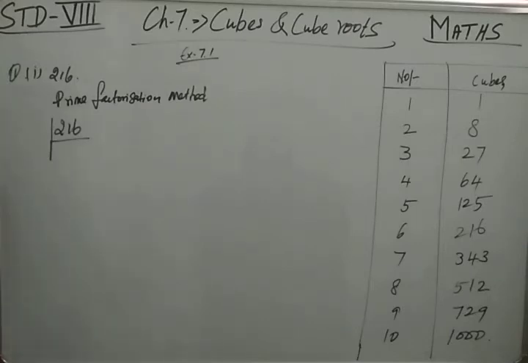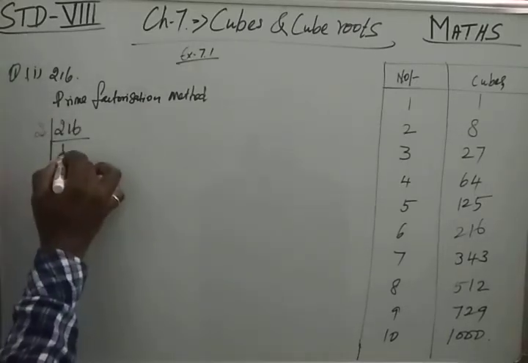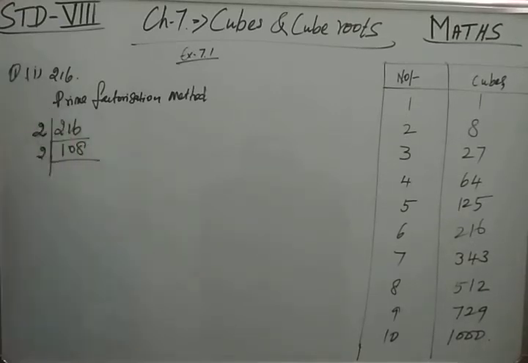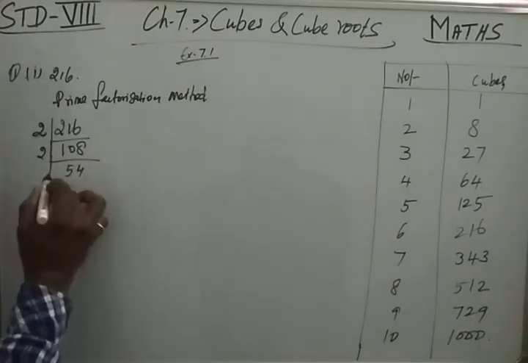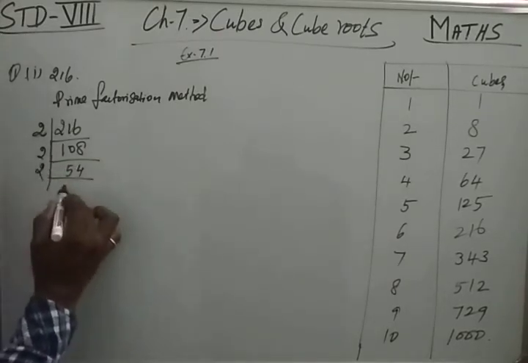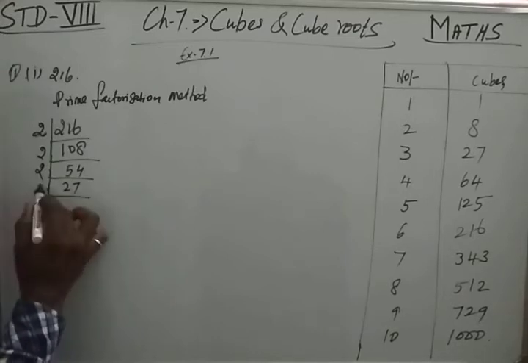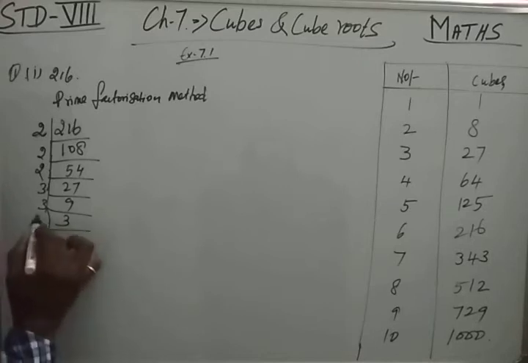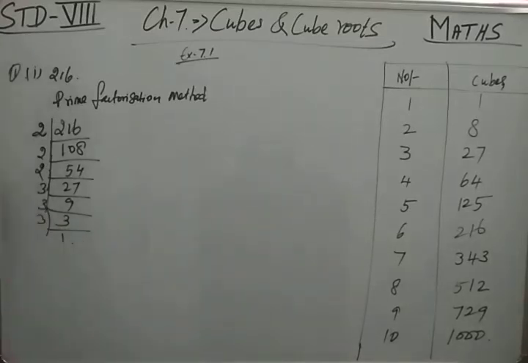The 2 table. 216 divided by 2 is 108. Again with the 2 table, 54. Then again with the 2 table, 27. Then 3, 9; 3, 3; then 3, 1. We got the values now.